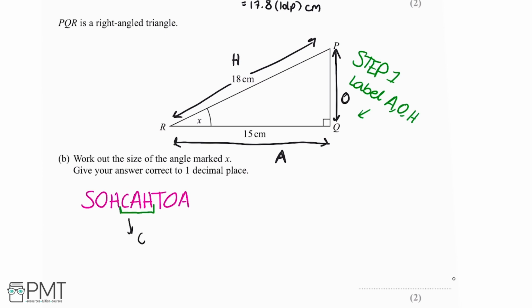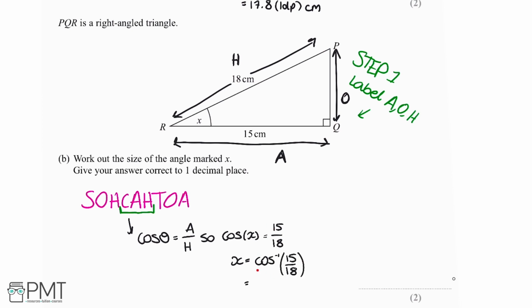So what this means is that cos of some angle is the adjacent over the hypotenuse. So in our case, we're going to have cos of our angle x equals the adjacent over hypotenuse, so 15 over 18. Now to get this x by itself, we can do inverse cos. So we say x equals inverse cos of 15 over 18.